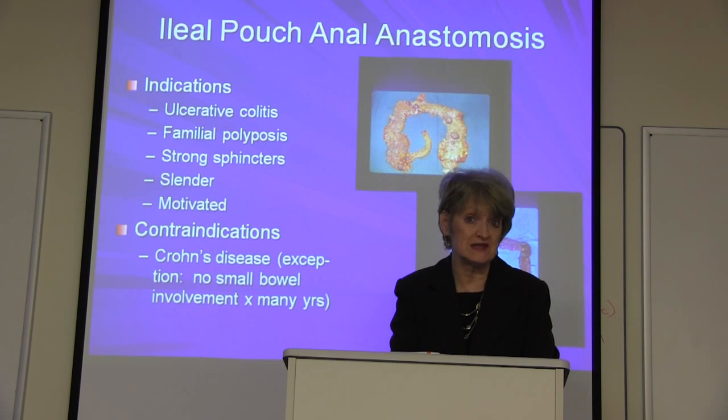And then the patient comes and says, I read about those J pouches, could I have one? And of course the answer would be no, you can't have a J pouch because your anal canal and your sphincters are gone. And the whole concept of the pelvic reservoir is you create a reservoir, you anastomose that reservoir to the patient's anal canal.